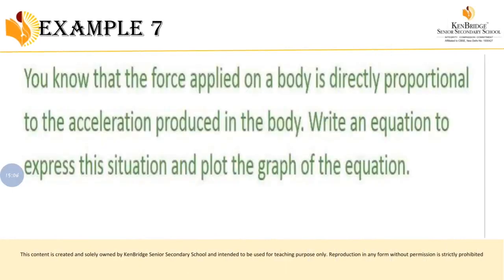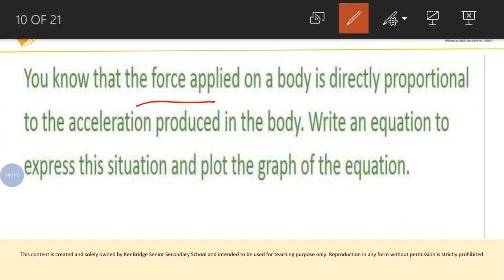Example 7. The question is, you know that the force applied on a body is directly proportional to the acceleration produced in the body. Write an equation to express this situation and plot the graph of the equation.